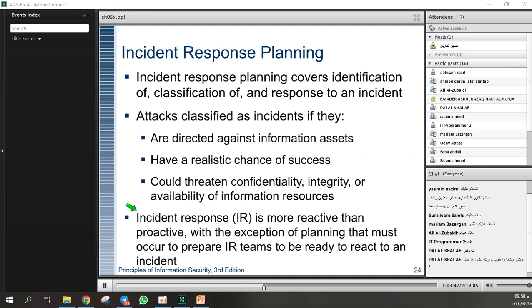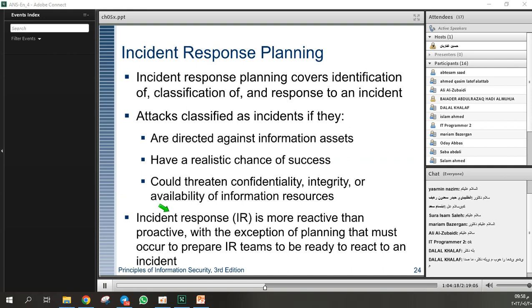It's reactive. Why is it reactive? Because incidents are small. If I compare it with a disaster, the total amount of damage caused by an incident is not too important.